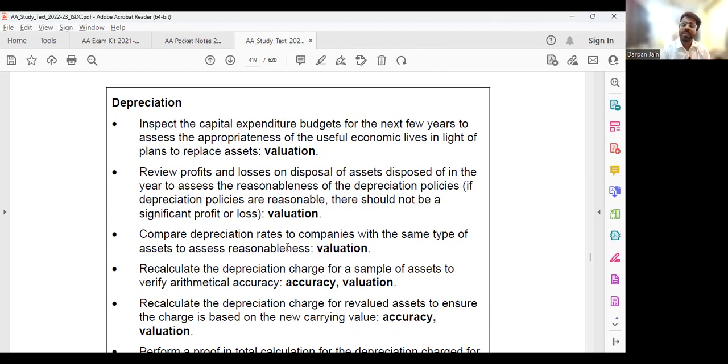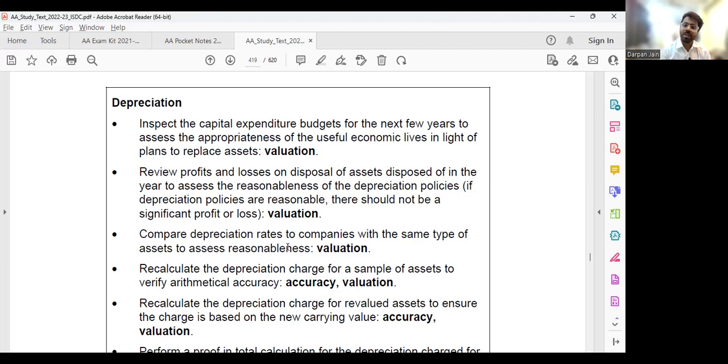How will you check whether that is appropriate or not? You can check the useful economic life with the capital expenditure budget. Because if the company is using, let's say, an asset only for 5 years, that means after 5 years they'll replace that asset with another asset, right? For example, laptops. Let's say the company has bought laptops today. How will you know the useful life of the asset?